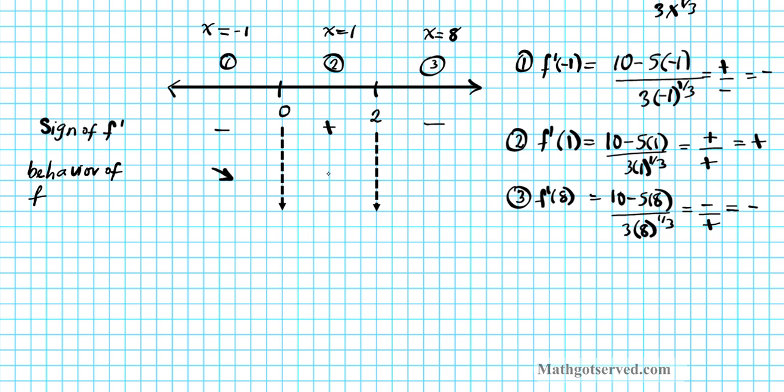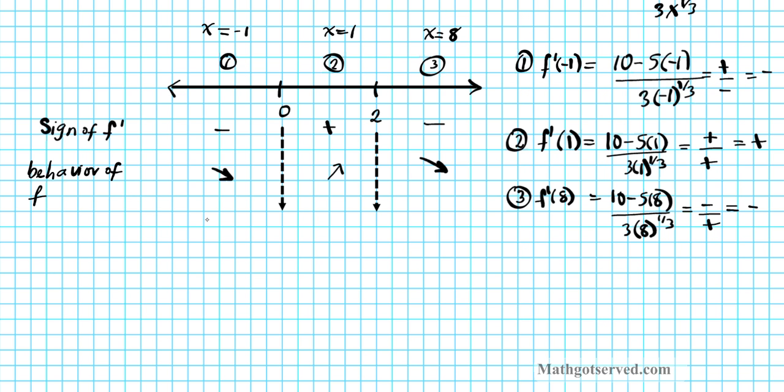F prime is positive on the second interval, so f is going to be increasing. F prime is negative on the third interval, so f is going to be decreasing. Okay, sorry about that.